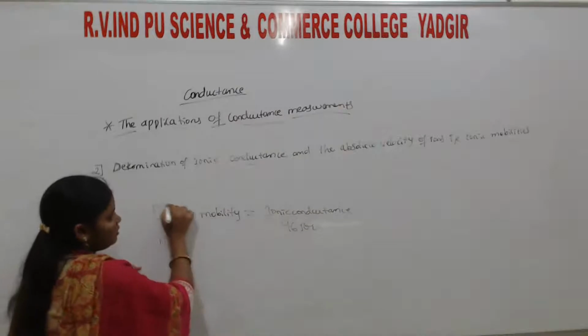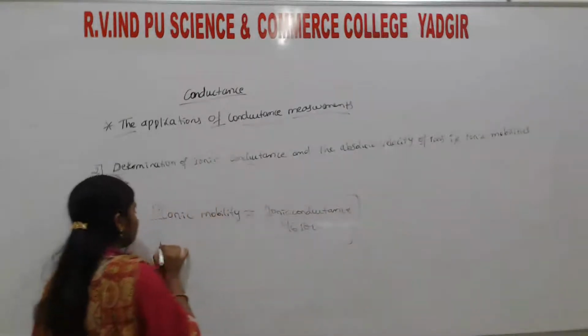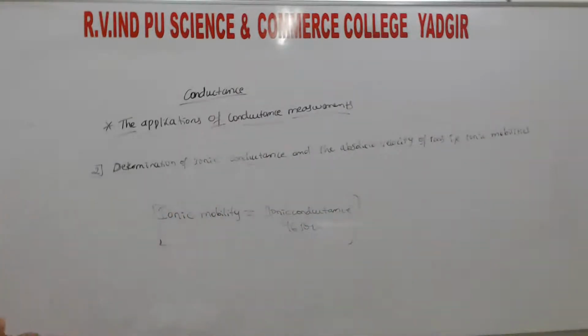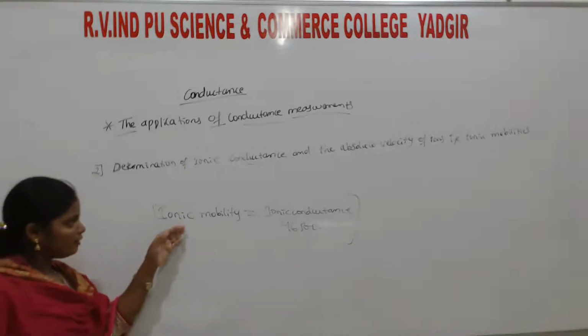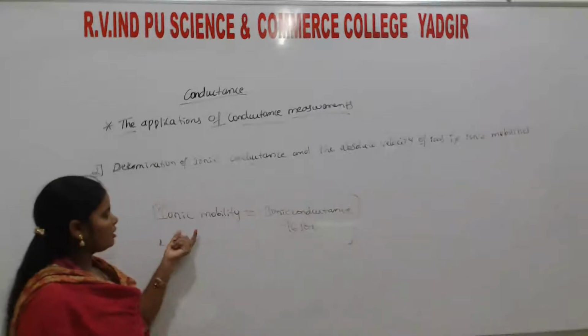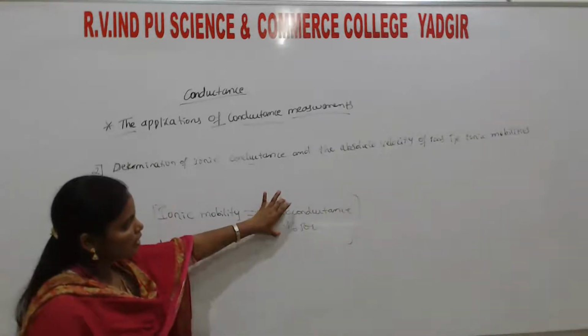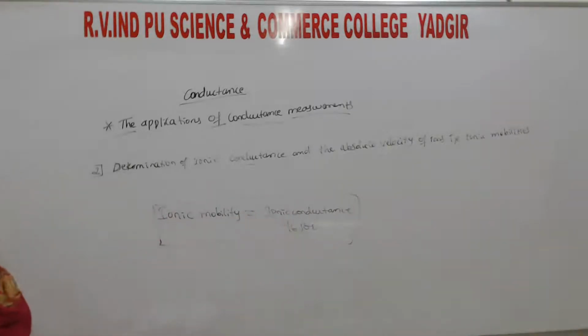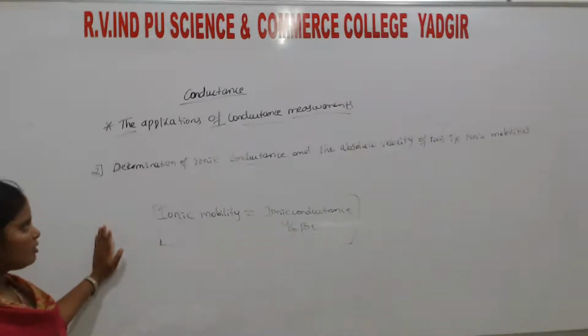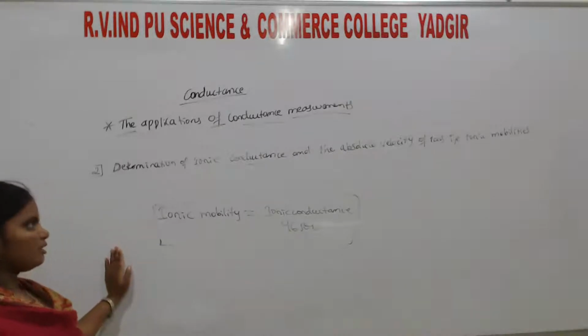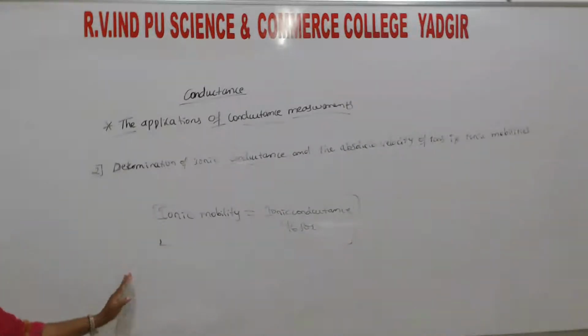This is the formula relating ionic mobility and ionic conductance. I also explained this in the Kohlrausch's law application. This is the second determination.